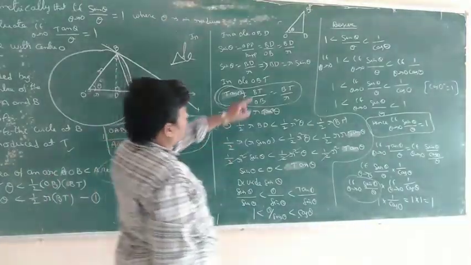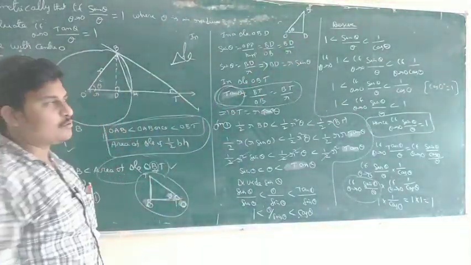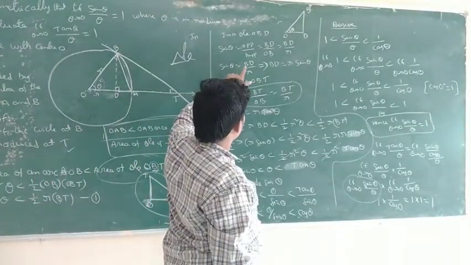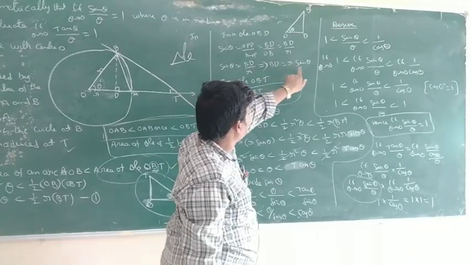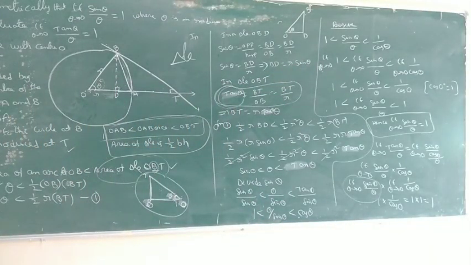OB is equal to R. By cross multiplication, BD is equal to R into sin theta. So we get the BD value.